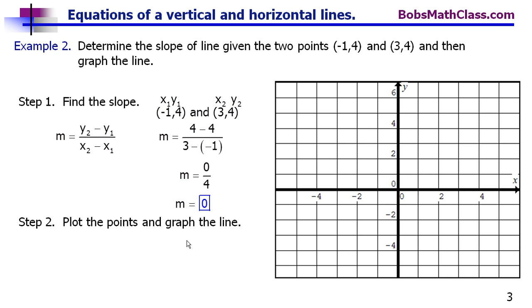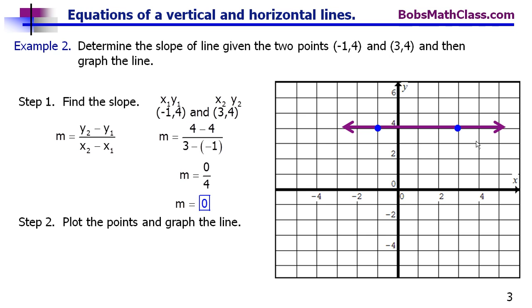Okay, let's plot the points and then graph the line. Let's see what kind of line gives us a slope of 0. Okay, so -1, 4 is right here. 3, 4 is here. Draw a line through these 2 points. And there it is. It's a horizontal line.